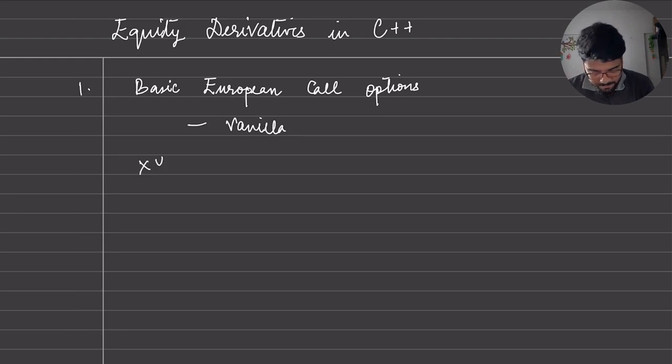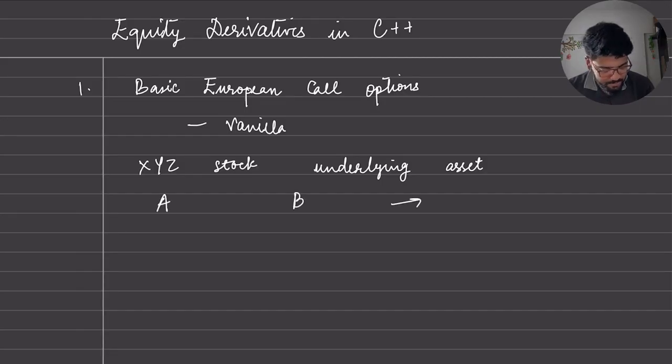Let's say there is an XYZ stock. This is the underlying asset. So let's assume there are two counterparties A and B, both of which have agreed to this particular contract.